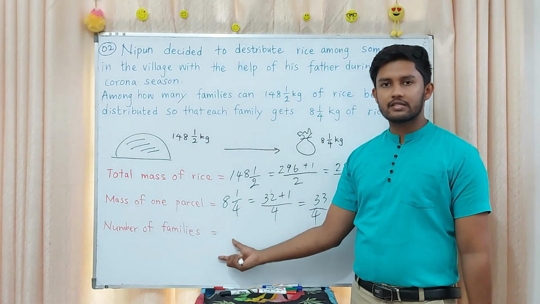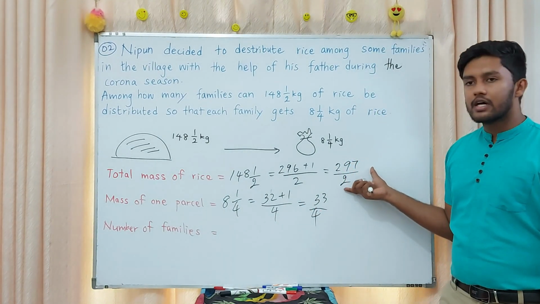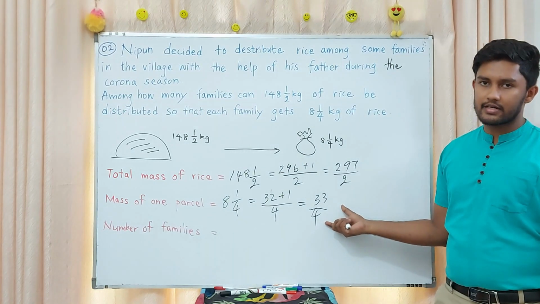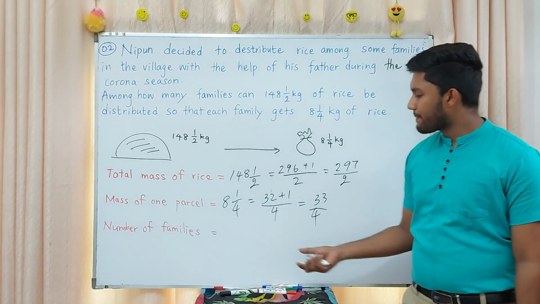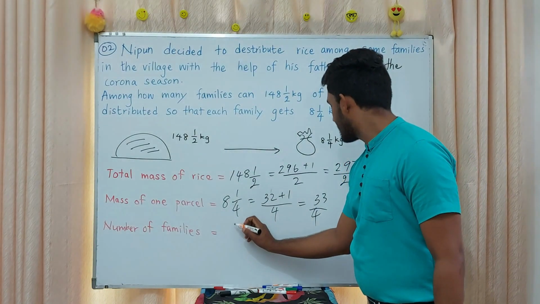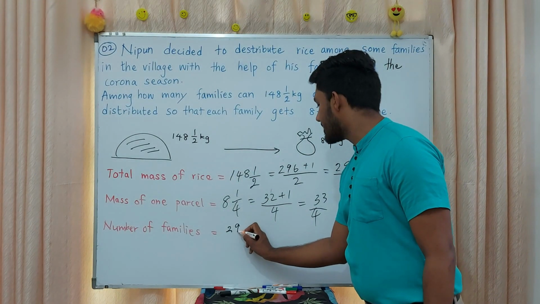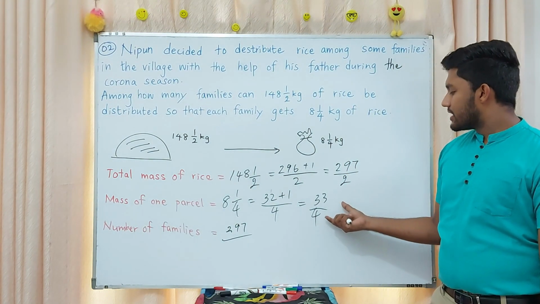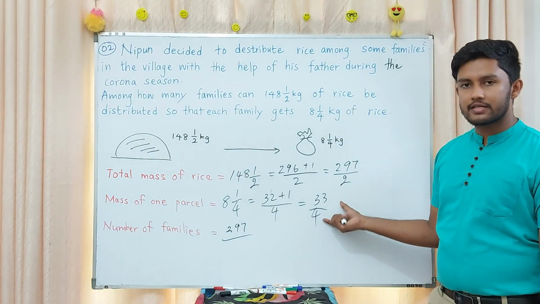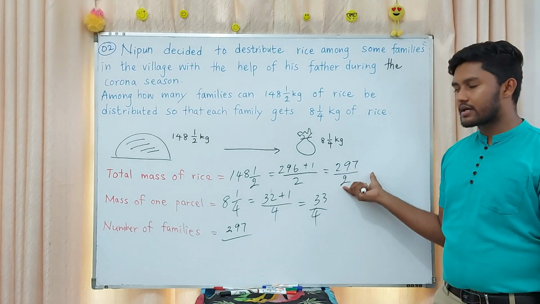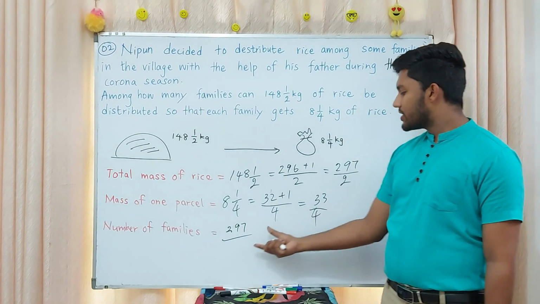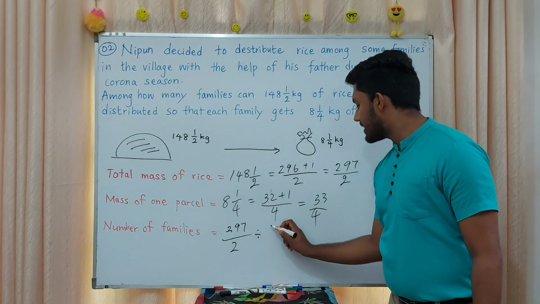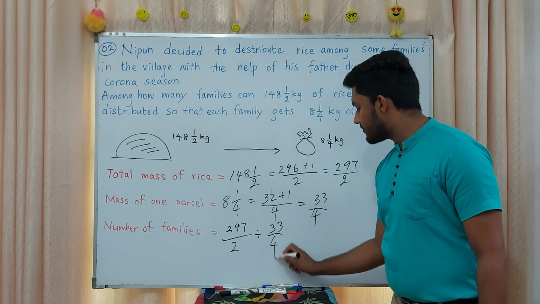Number of families: that means we want to divide the total amount by the mass of one parcel. That means 297 over 2 divided by 33 over 4.